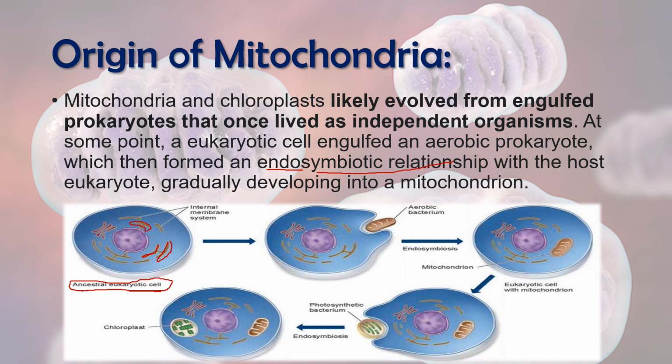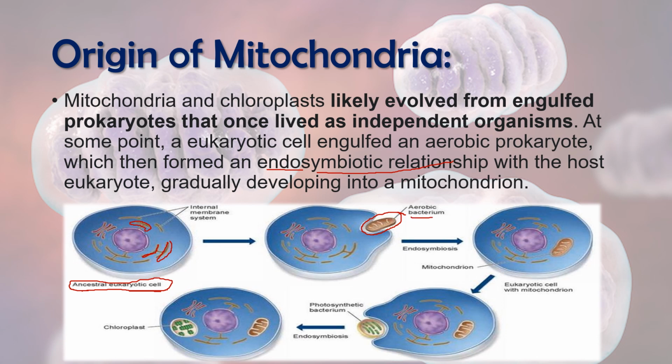This cell was thought to engulf an aerobic bacterium. This is an aerobic bacterium. The prokaryotic cell formed an endosymbiotic relationship with this ancestral eukaryotic cell.